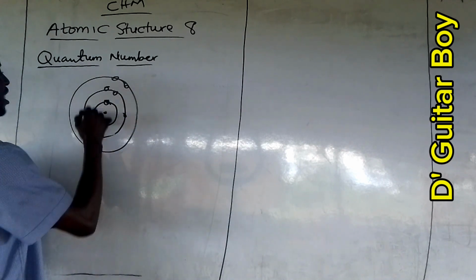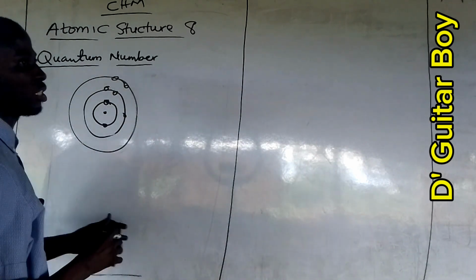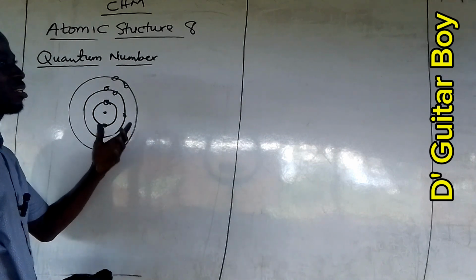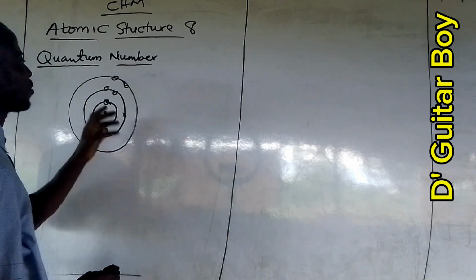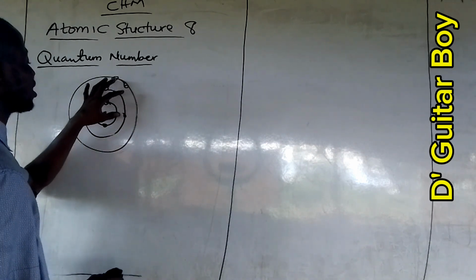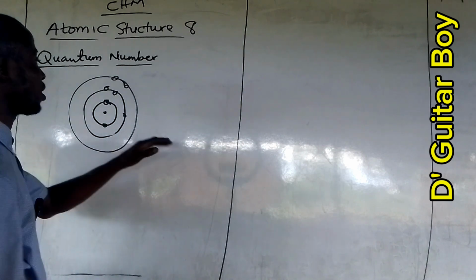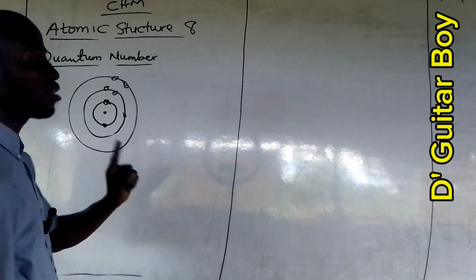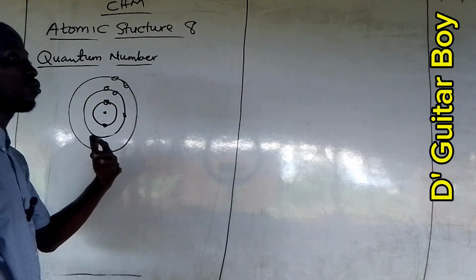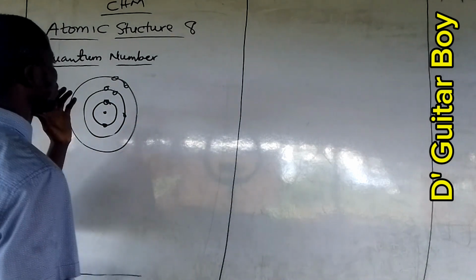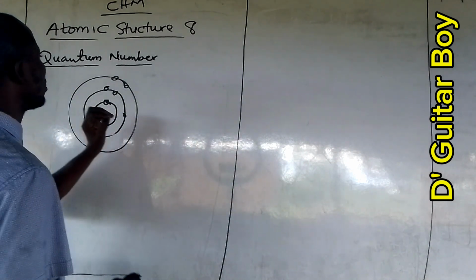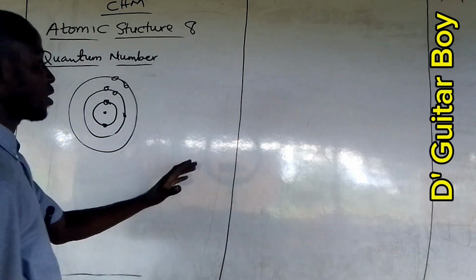Electrons in each energy level do not have the same energy, and how can we explain that following the wave mechanical theory? Please go and watch the previous video, which is the wave mechanical model of an atom.